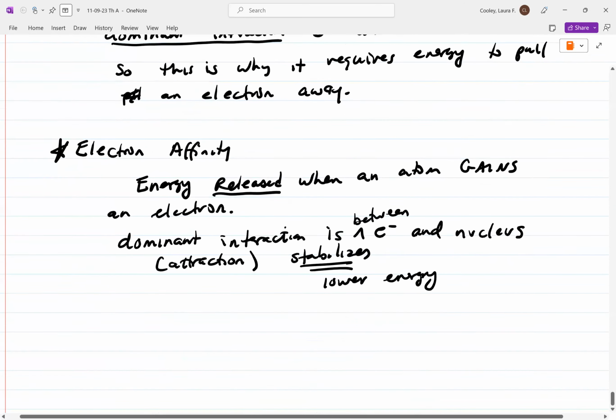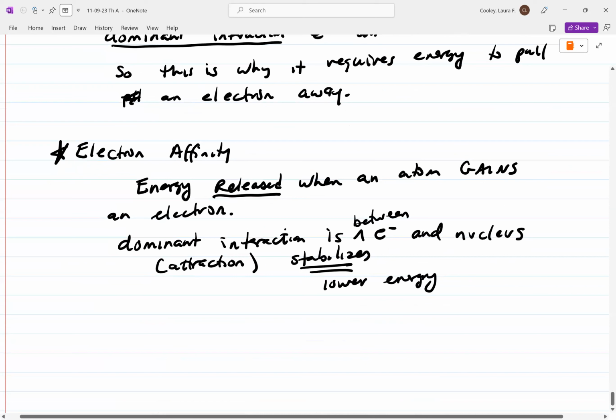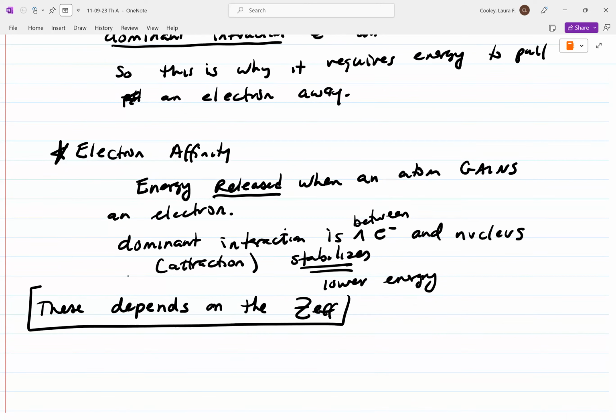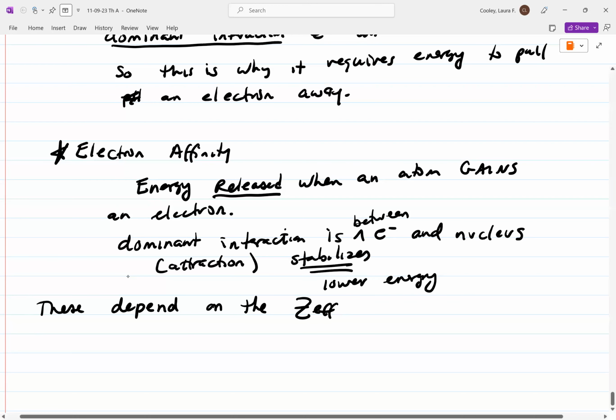But the thing is, they depend on other properties. And what they depend on very much is something which I've already talked to you about, and this is the effective nuclear charge. These depend on the effective nuclear charge.